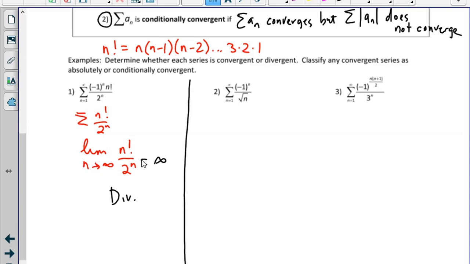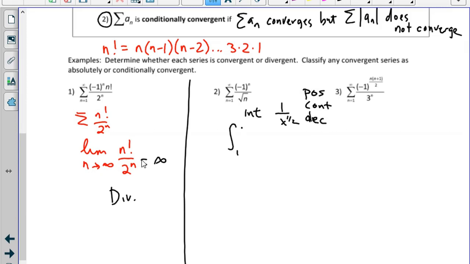Now let's take a look at number 2. We can already tell this does not converge absolutely because by the integral test, 1 over x to the 1/2, which is equivalent to 1 over square root of n, or 1 over square root of x, that is continuous, positive, and decreasing.